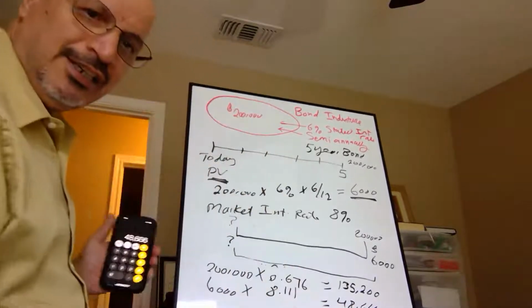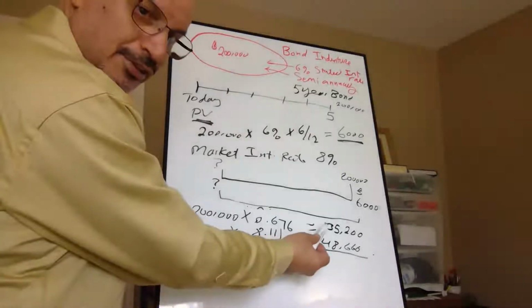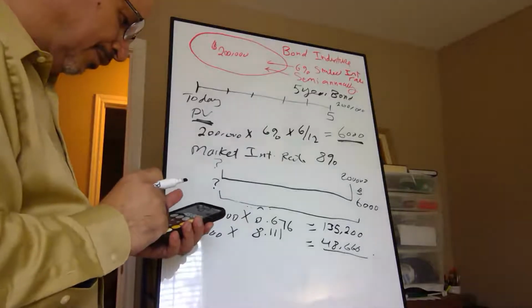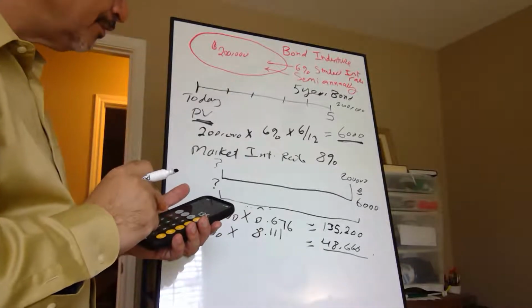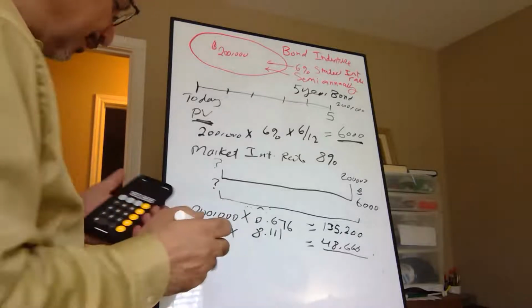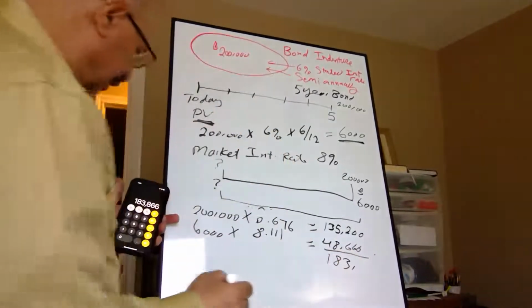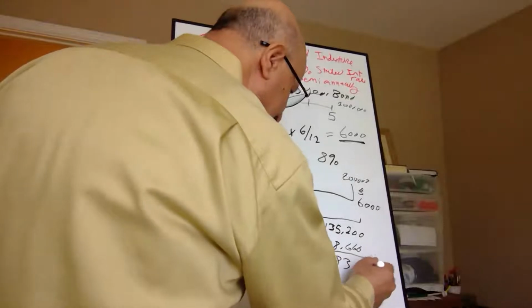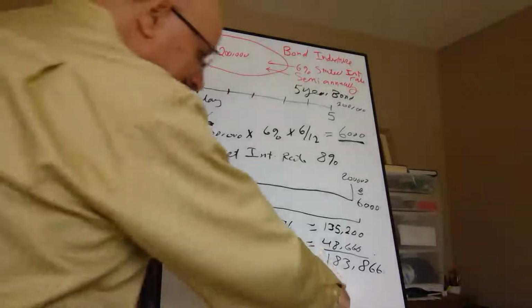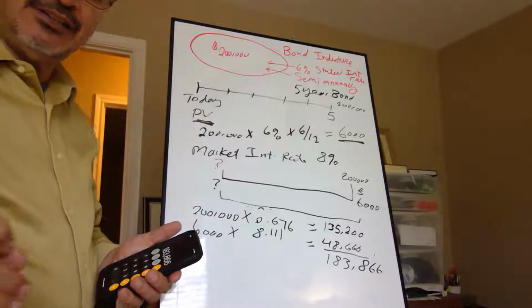Now if you add the 135,200 and 48,666, that gives us 183,866. That is the present value of this bond.